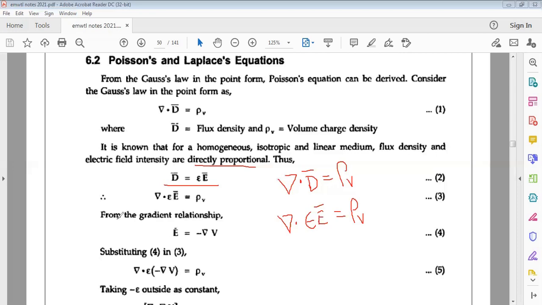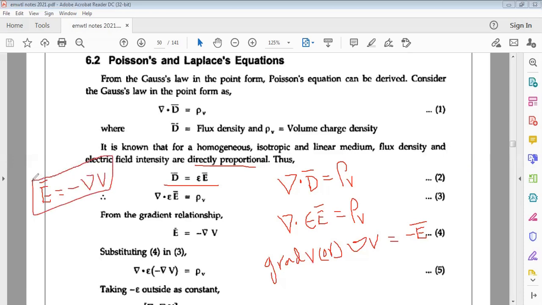From the gradient relation, grad V or del V, we know that E bar is equal to minus del V, the negative of the gradient of V. This is one of the formulas we have.